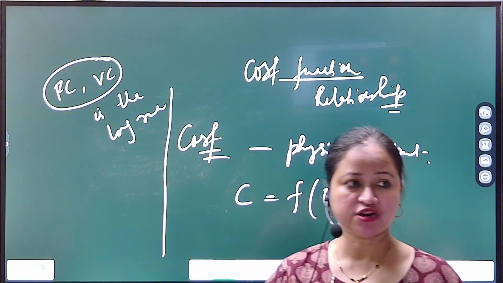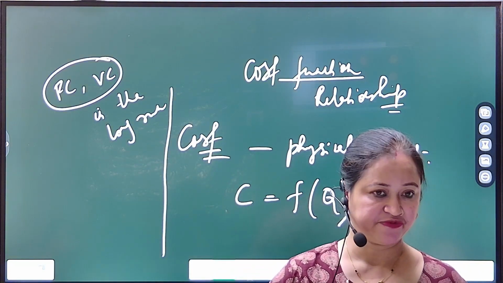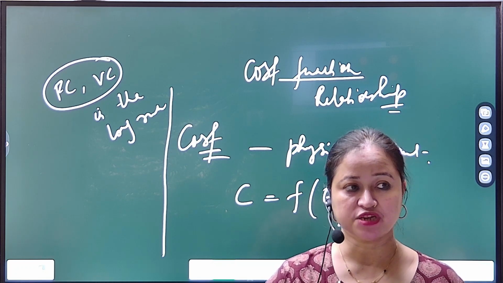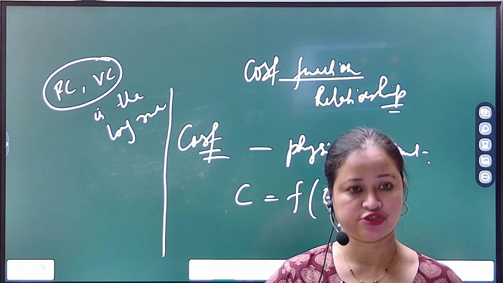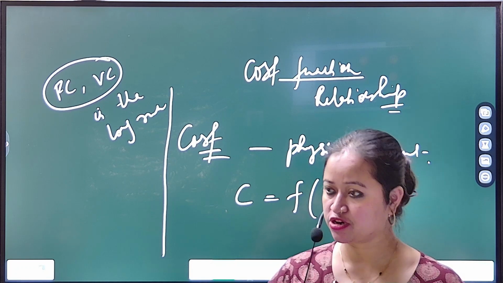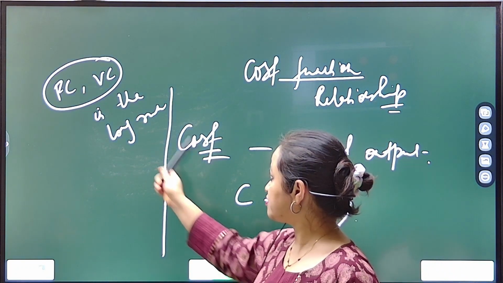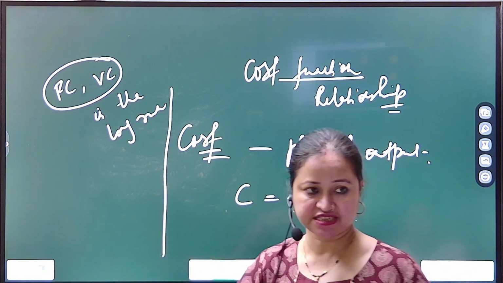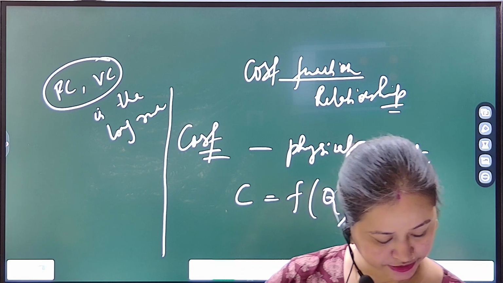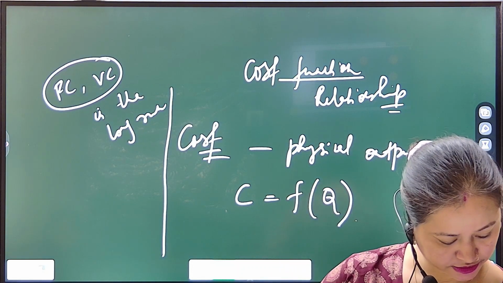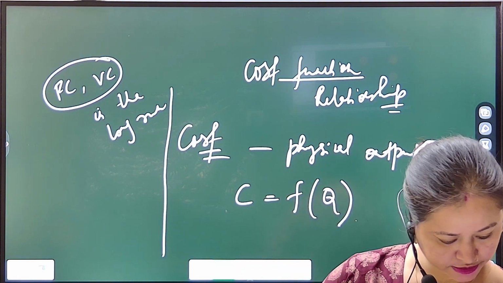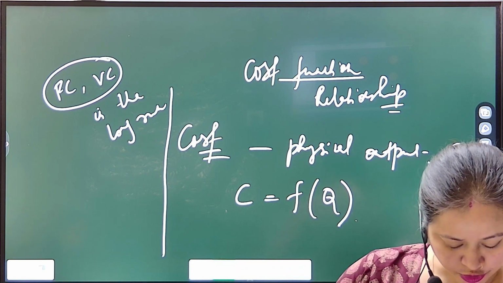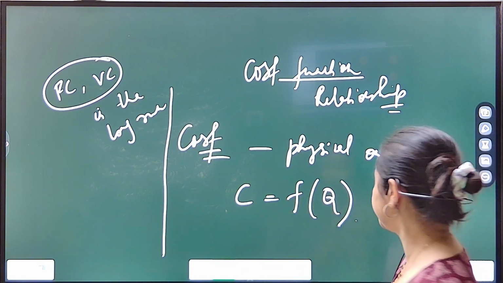So in the long run, you can change all those. In the short run, fixed cost is fixed and variable cost varies. Okay, so now go to page number 65.